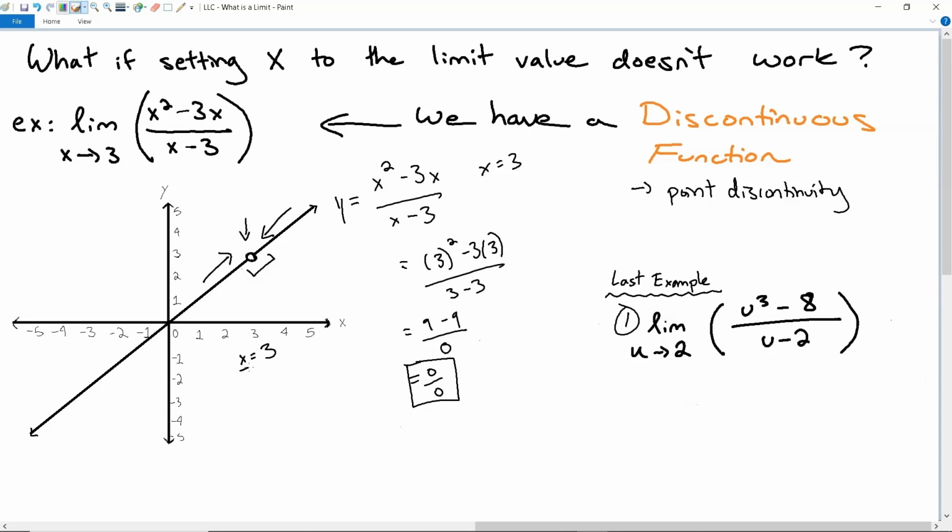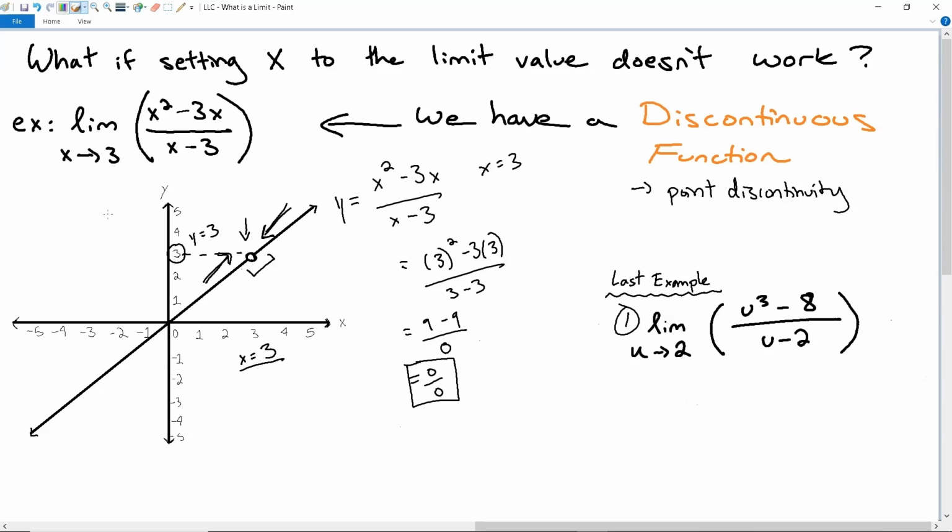So I cannot plug x equals 3 into the equation, but it's technically still approaching some value at x equals 3 from the left and from the right. And based on the graph, it looks like that would be a y value of 3.